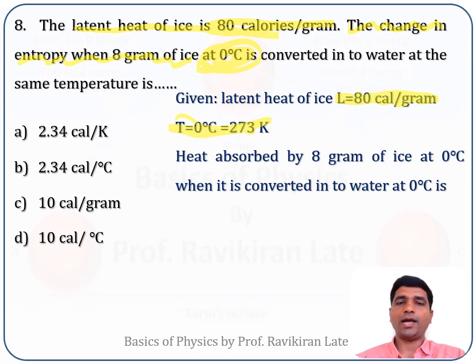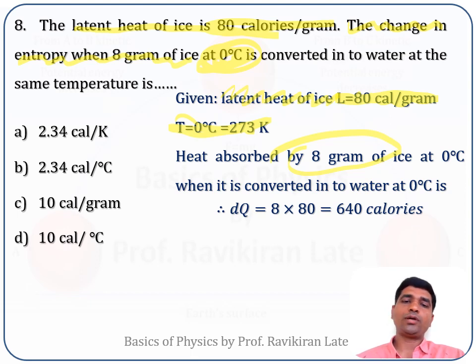Now see, we are given the latent heat of ice, that is 80 calories per gram, meaning 80 calories of heat is required to convert 1 gram of ice into liquid. But here 8 gram of ice is given.